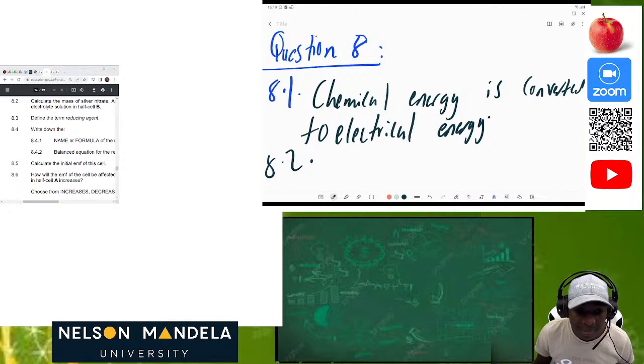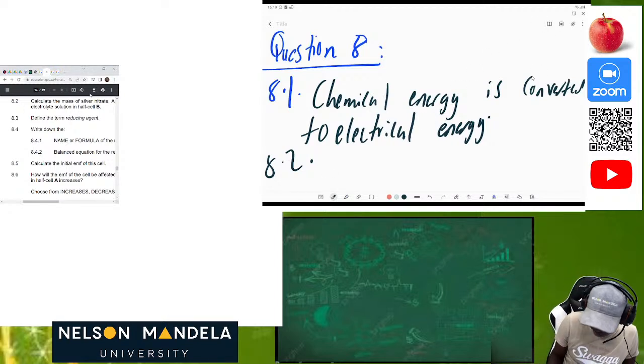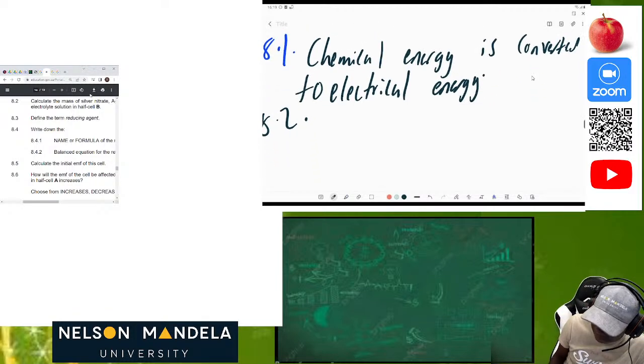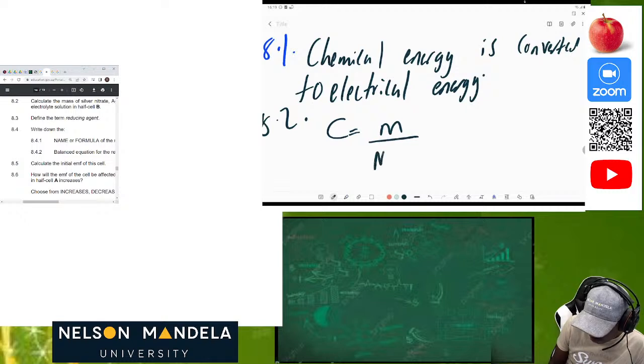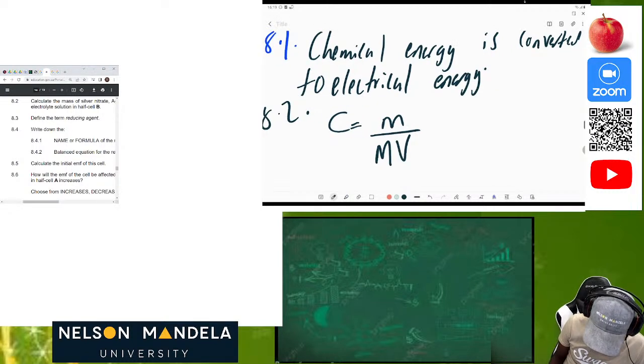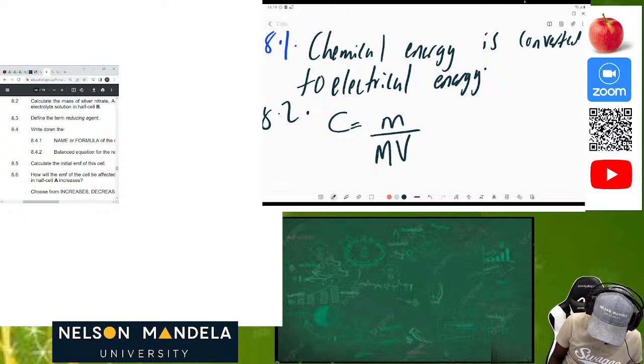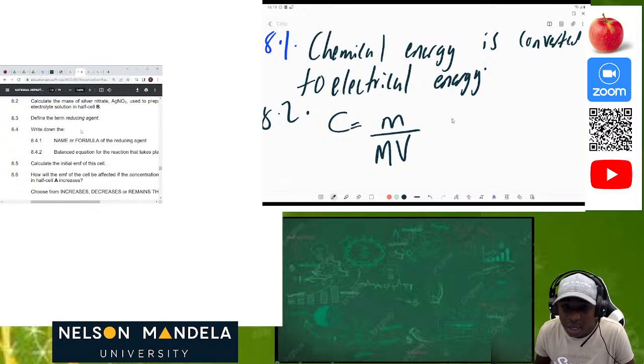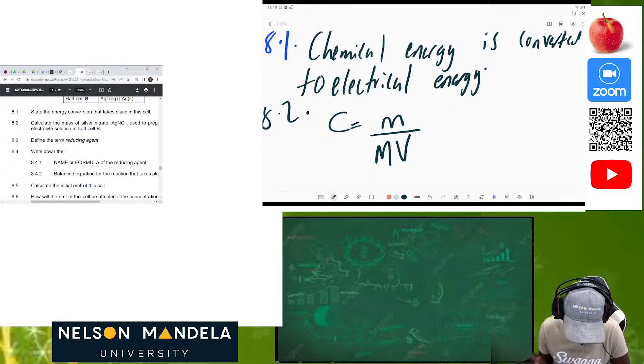We want to calculate the mass. So how can we calculate the mass here? We know that c is equal to the mass over the molar mass times V. What are we given here? This is so easy, guys. We want to calculate the mass of silver nitrate.